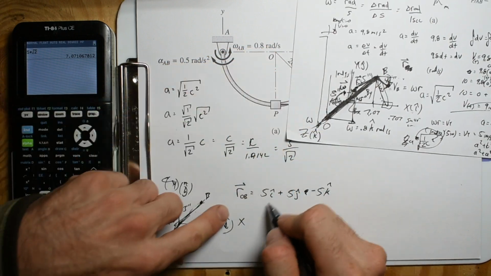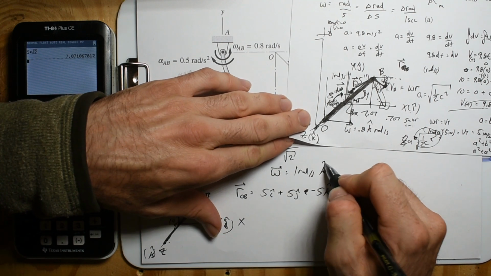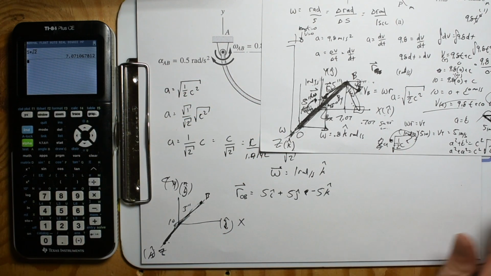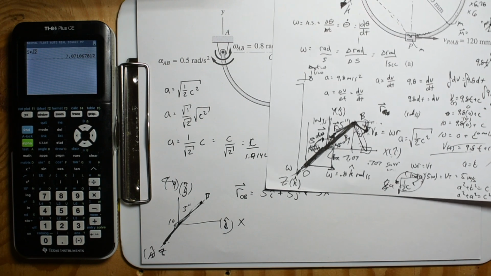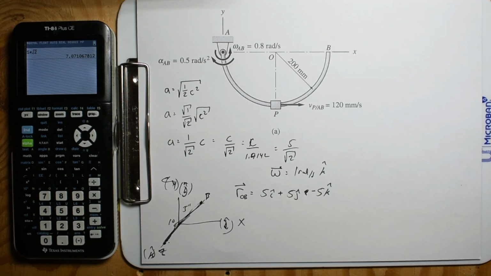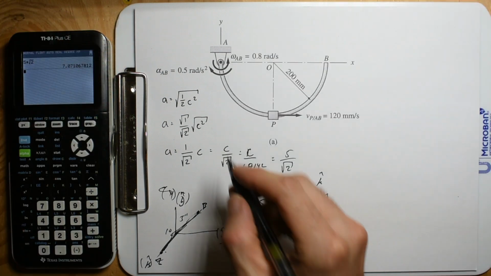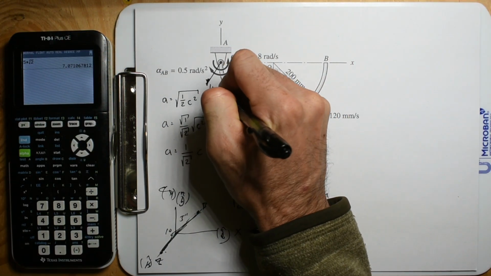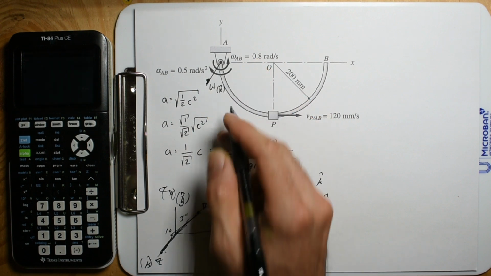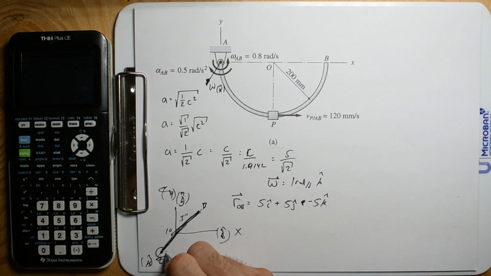And then what's our omega? Our omega is 1 radian per second k-hat. So when we multiply these, we multiply them with the cross product. Now, this new bar over here is rotating this way.